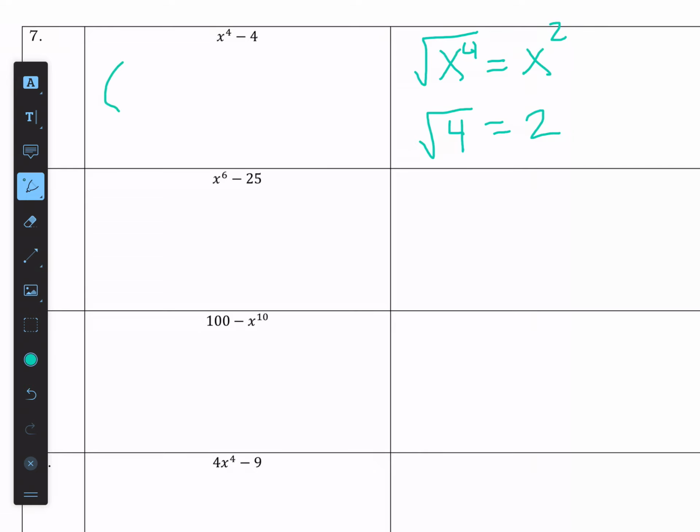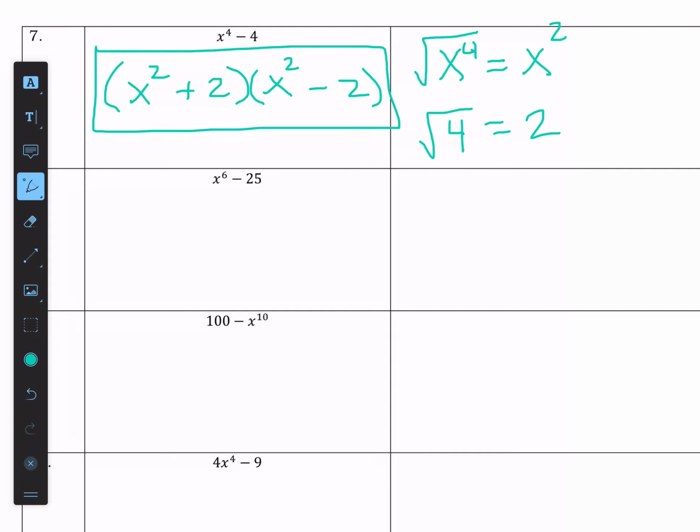So if I want to take the square root of x to the 4th, we get x squared, because if we divide our exponent by 2, we get 2. And then the square root of 4 is also 2. So our answer here, we put the x squared in the front of each bubble, the 2 in the back of each bubble, 1 plus, and 1 minus.